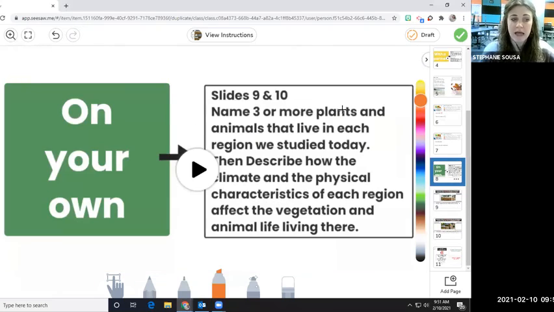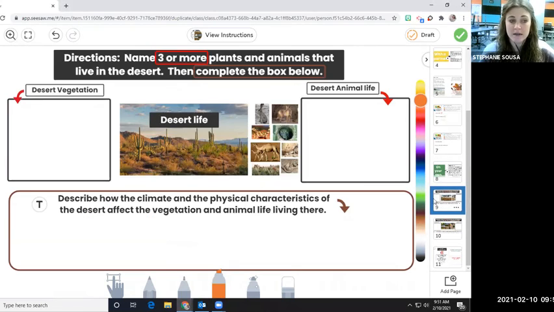So let's talk about what you're going to do after that partner work is done. Your independent slide directions are on slide 8. It says on slide 9, name 3 or more plants and animals that live in the desert. Notice it says 3 or more, okay? Then complete the box below.